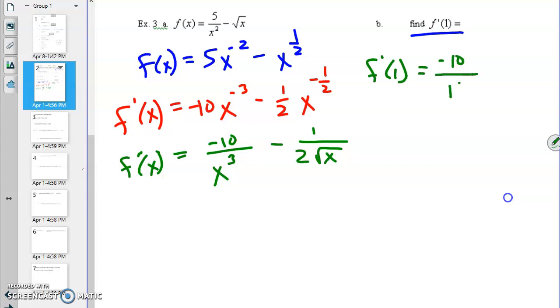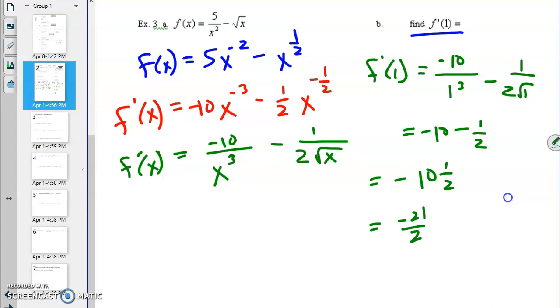Negative 10 over 1 cubed minus 1 over 2 radical 1. 1 cubed is 1. Negative 10 divided by 1 is negative 10. Square root of 1 is 1 times 2 is 2, so 1/2. Negative 10 minus 1/2 is negative 10 1/2. Or what would that be? Negative 21 over 2.